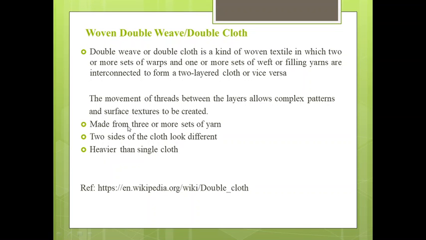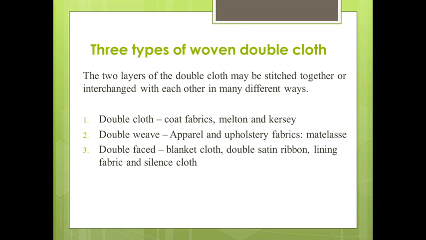Double weave or double cloths are generally made from three or more sets of yarn, which include warp and weft threads, and the two sides of the cloth will look different. Obviously, these double weave or double cloth fabrics are heavier than single cloth. There are three types of woven double cloth.